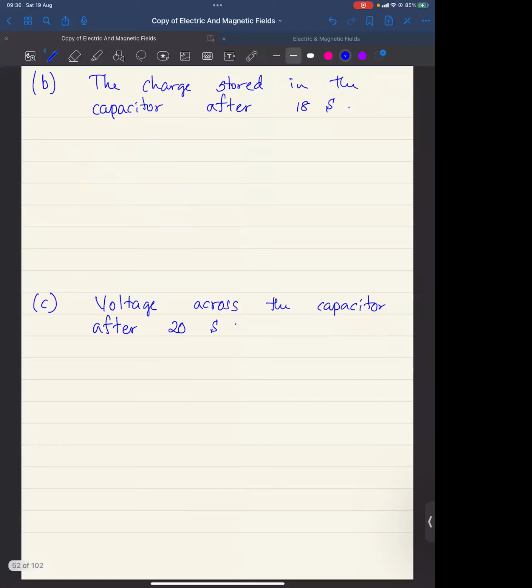Part B, the charge stored in the capacitor after 18 seconds. Part C, voltage across the capacitor after 20 seconds.